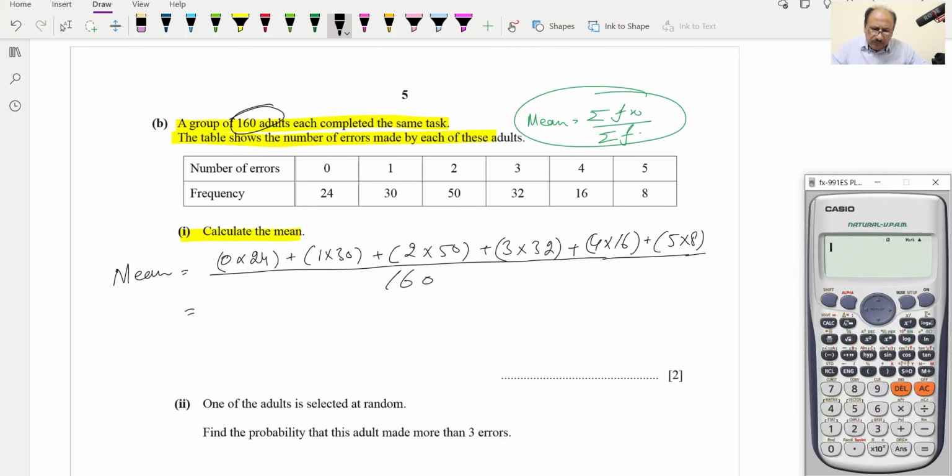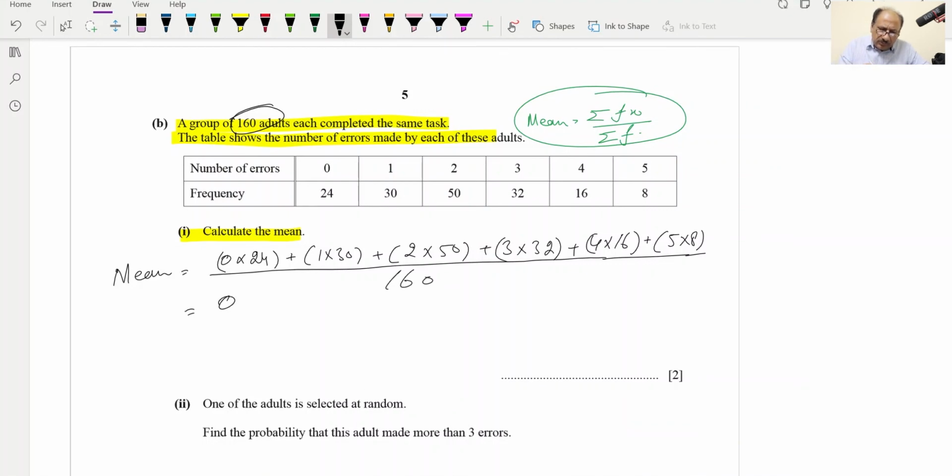We will calculate this. We can calculate separately first, because this is a lengthier calculation. This will be 96 and then this will be 64 and this will be 40, and this will be divided by 160.